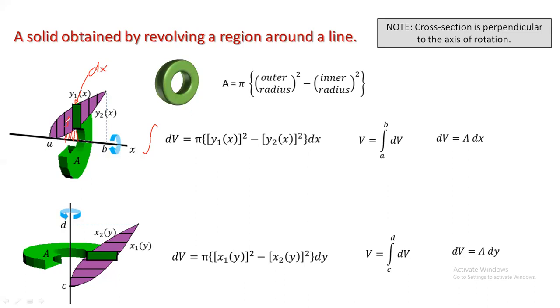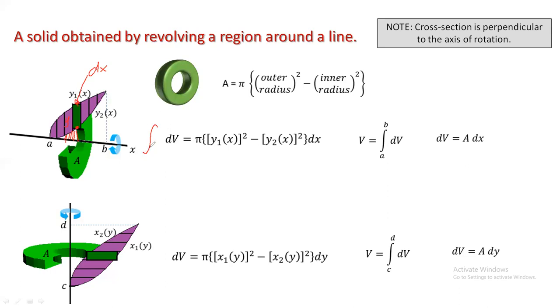Your y is the difference of the outer radius minus the inner radius that are being squared. So you see, this is y1, this is y2. So y1 of x squared minus y2 of x squared multiplied by pi will give you the differential area. Multiplying it with the thickness dx will give you the differential volume.